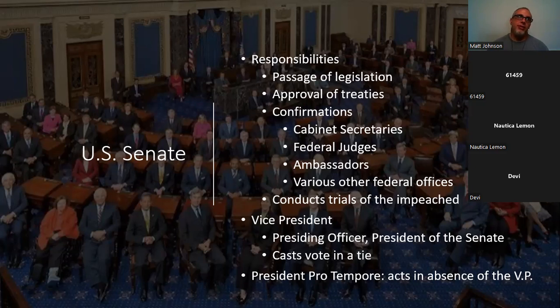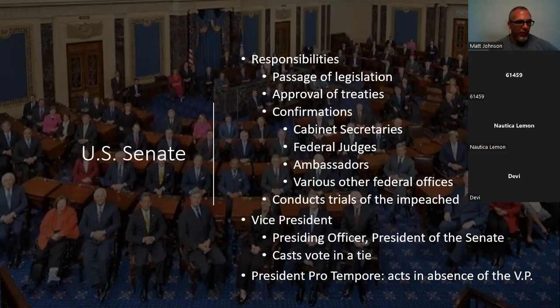Kavanaugh, of course, there was allegations of sexual assault when he was younger that held up his confirmation for a few weeks. But Amy Coney Barrett also fairly easily went through the process, largely because there was a Republican majority that didn't hold it up. But again, there's other positions that it's political, it's politicized.